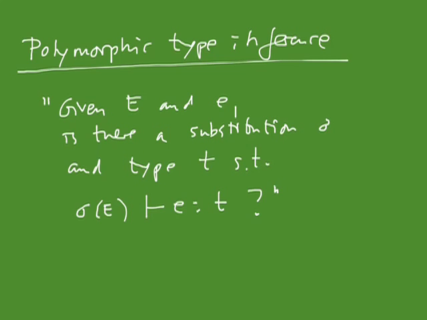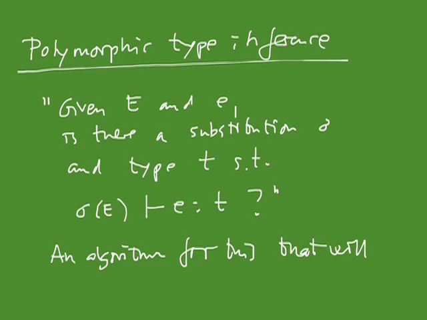And the algorithm that I will describe now is an algorithm for this that will find sigma and T if and only if they exist.